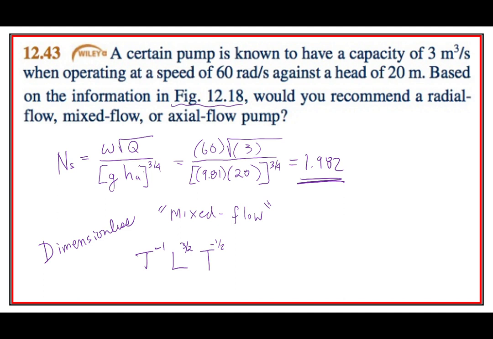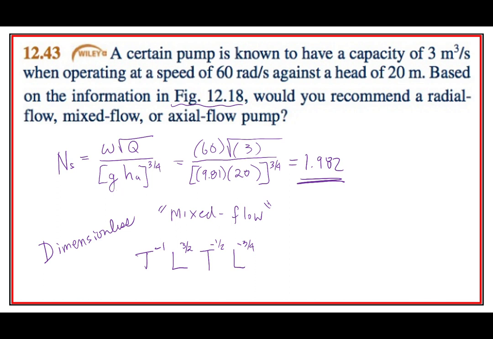Now we have to flip this. This is kind of a difficult one, so we have to pay close attention here. We're going to have meters per second squared, but it's on the denominator, and it's to the 3/4, right? So that's going to be a length to the -3/4, but now it's divided by the square.